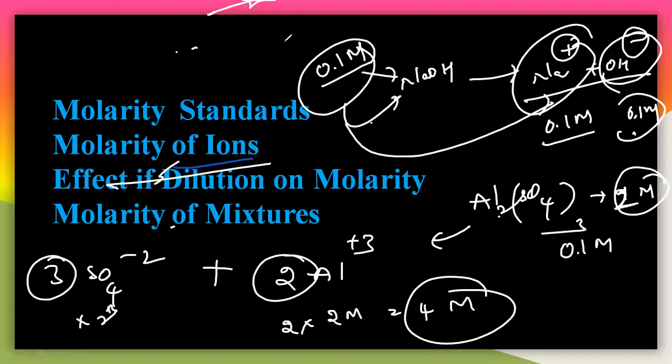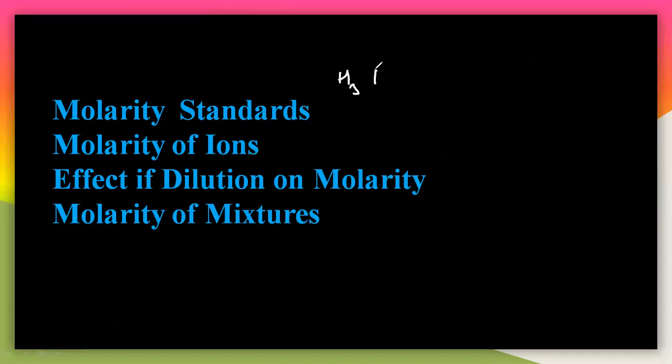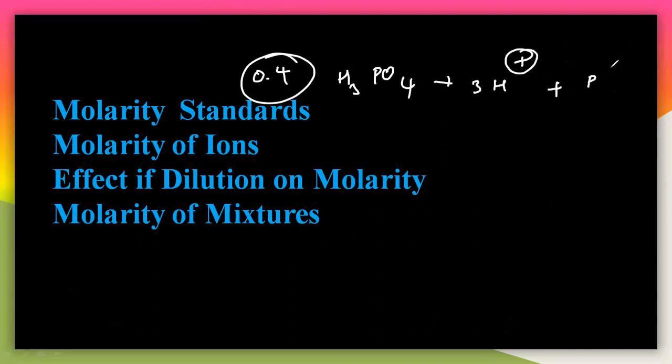Let me take another example, H3PO4, phosphoric acid. Let us take the molarity as 0.4. How does it dissociate? Into 3H plus and PO4 minus 3 here.